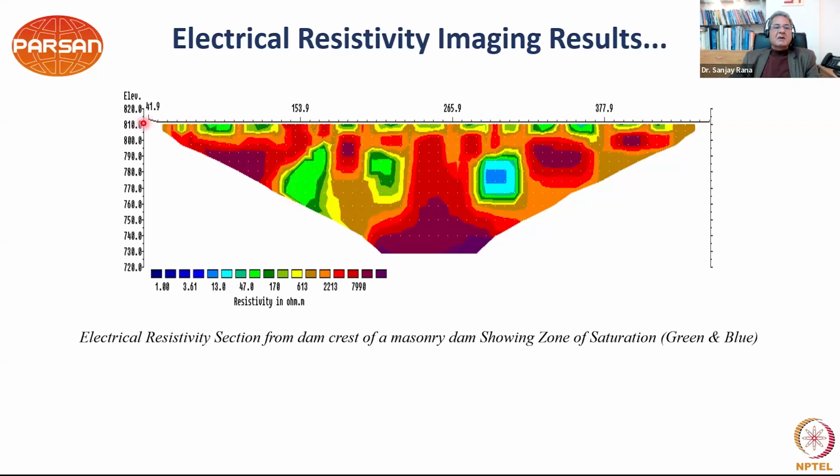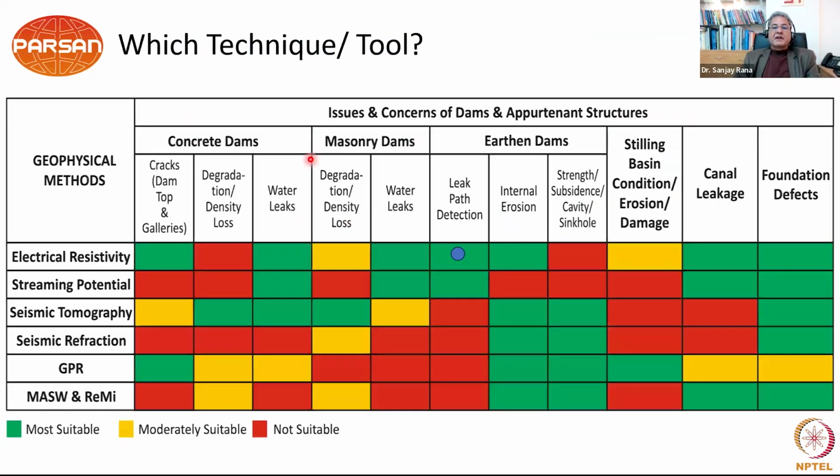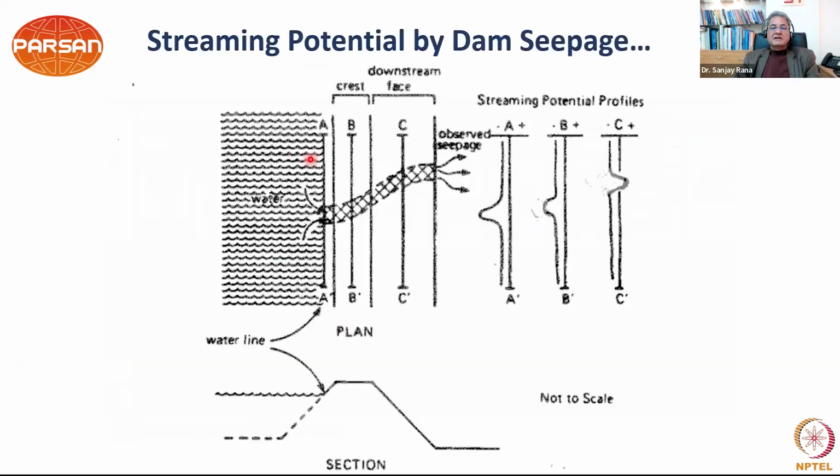As you can see, this dam is almost 450 meters long, and you can very clearly see that just by doing this electrical resistivity imaging, you are able to find out which are the zones where there is more moisture content or water content. So this is again a very strong technique to find out about internal condition in terms of water content.